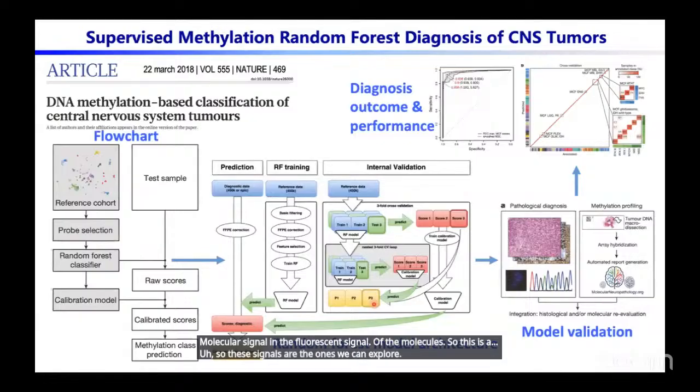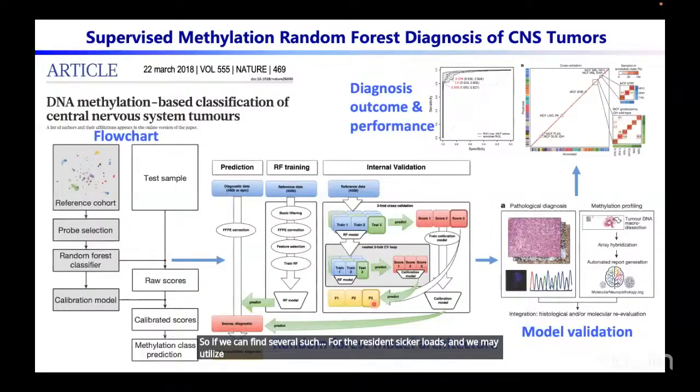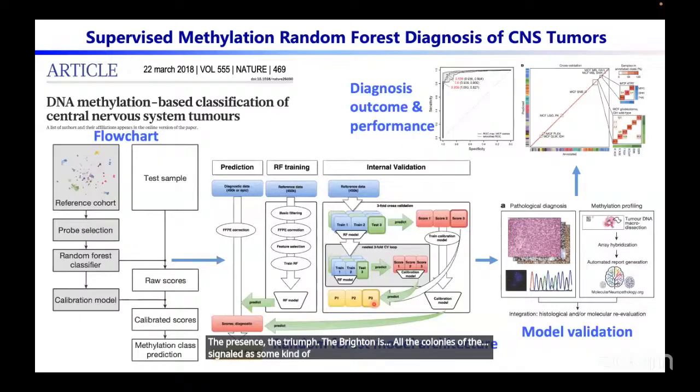We can draw certain signals as some kind of biomarker associated with the disease. If we can find several such fluorescent signals, we may utilize the presence, the strength, the brightness, or the color of the signals as features.